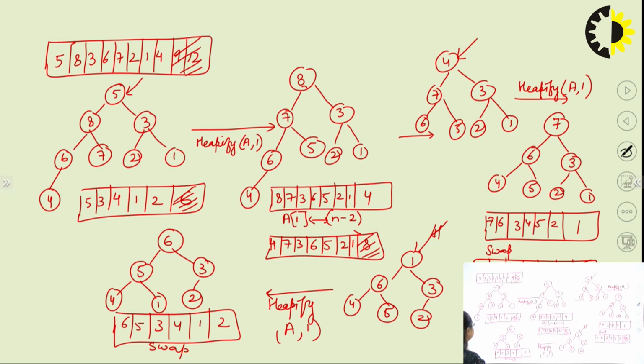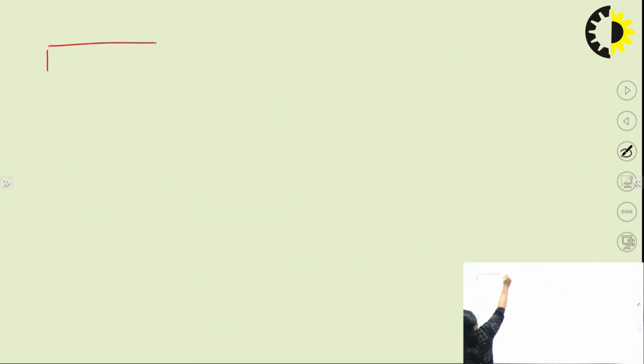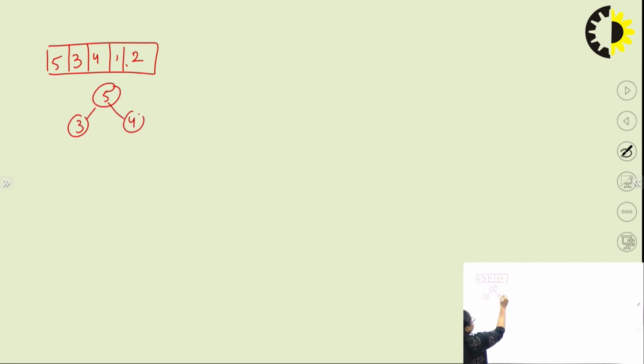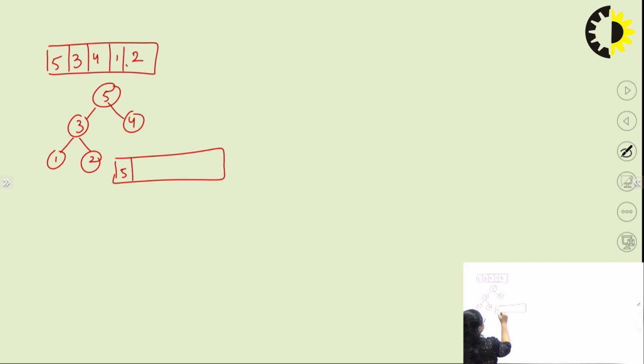Then the tree becomes 5, 3, 4, 1, 2. Right? Now you can see the 5 is on the top of the elements, so there is no swapping, and again it will build the heap. Right? Build heap means 5, 3, 4, 1 and 2.